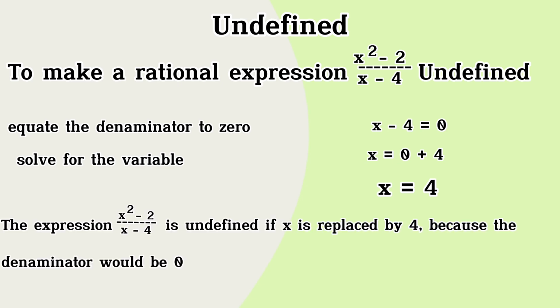So, the expression x squared minus 2 all over x minus 4 is undefined if x is replaced by 4 because the denominator would be 0. Then, let's try. 4 minus 4 is equal to 0. So, hindi natin makukonsidered na rational algebraic expression dahil yung denominator niya ay naging 0.